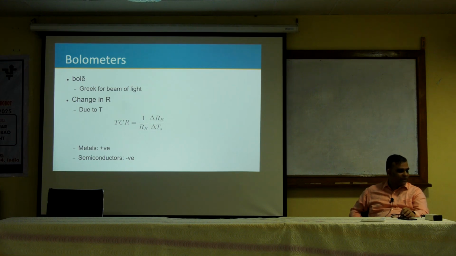We have a temperature coefficient of resistance, which is 1 over R_B times delta R_B over delta T. So, how much does my resistance change at a given resistance as my temperature changes? Now, this temperature coefficient of resistance for metals is positive, which means with more temperature, my resistance increases. For semiconductors, I have written it negative. It is not purely negative, but at room temperature it is kind of negative.